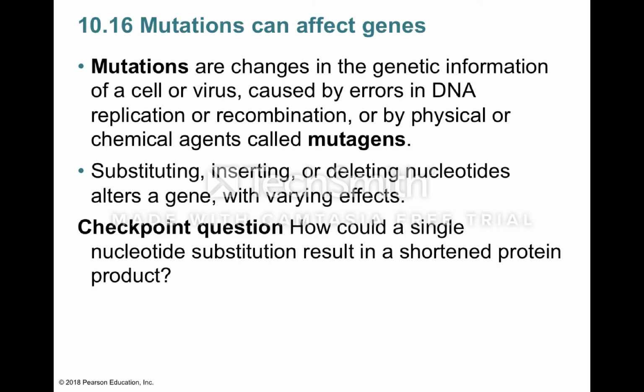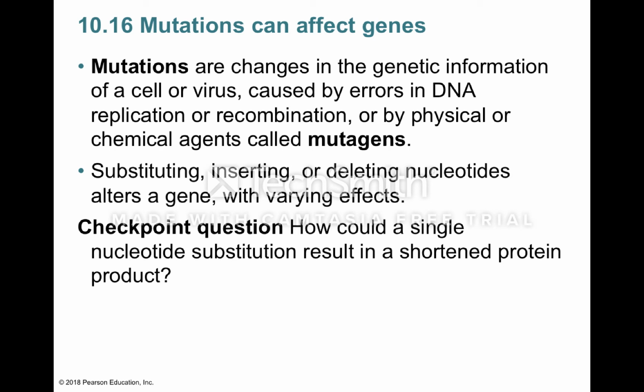So the story is there could be lots of mutations that happen with transcription and translation. Or there could be chemical or physical agents called mutagens that can be caused by either replication problems or recombination issues.